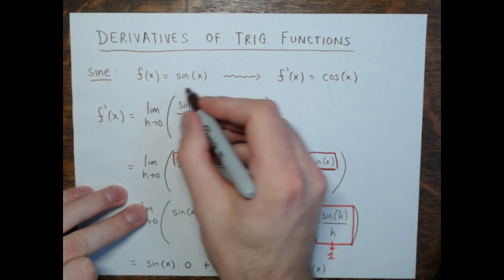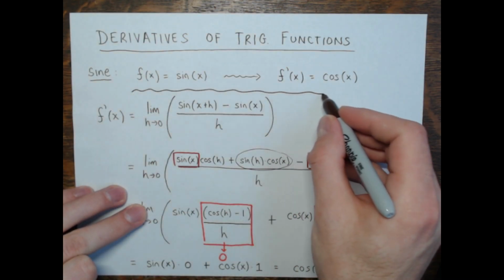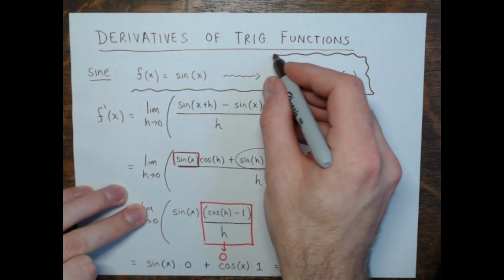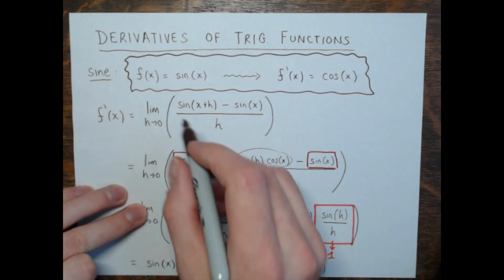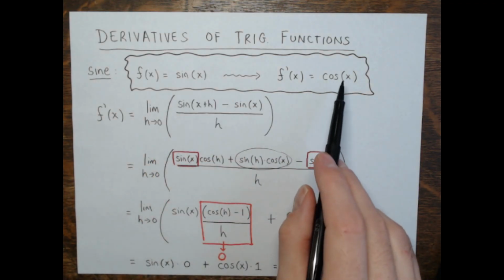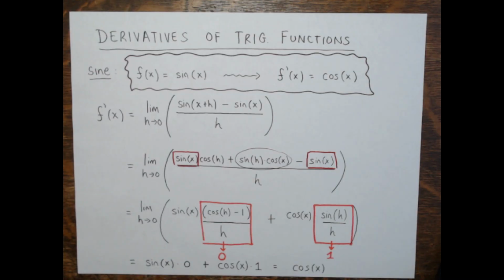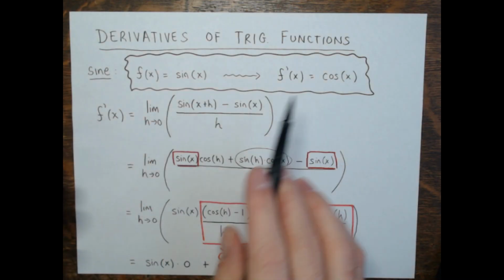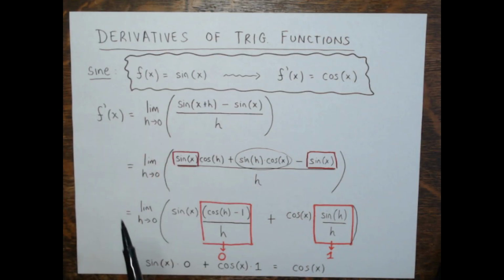I would suggest you memorize this, make flashcards, do whatever you have to do, repeat it over and over every time you use it. Get to learning that. So the derivative of sine is cosine. All right, I'm going to do something similar for the cosine function next.